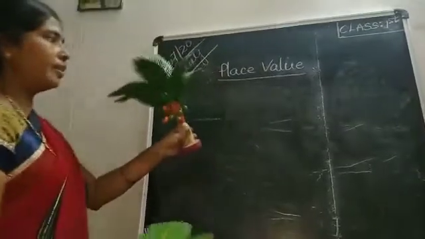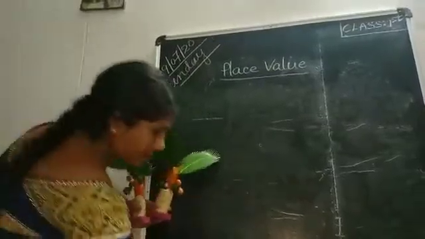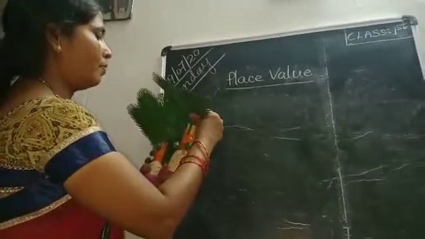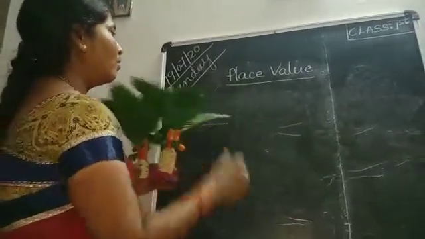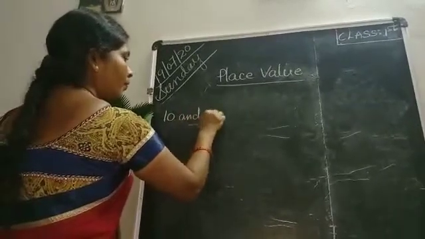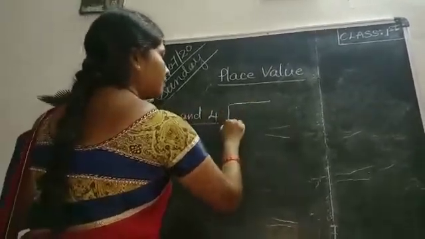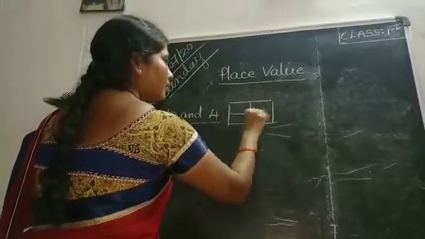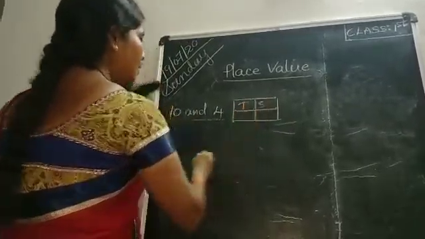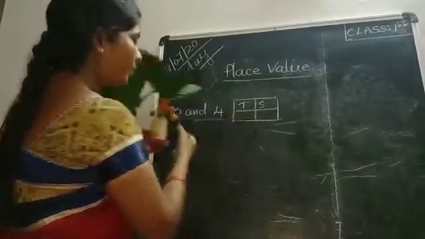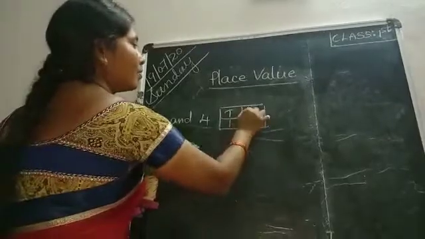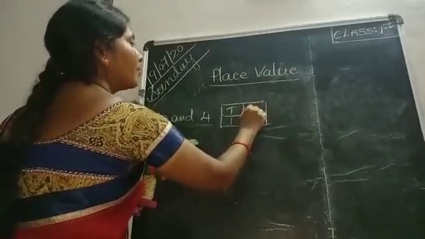Okay, see again here, one 10 and 4 ones. See, one 10. How many tens? One 10. Okay, sorry. O for ones.